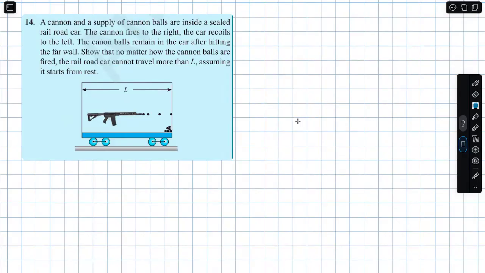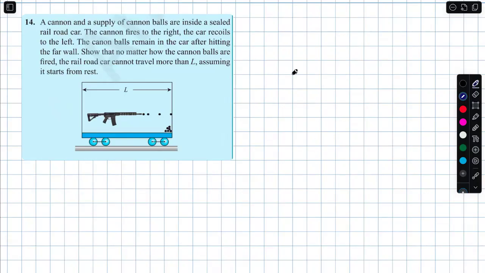The cannonballs remain in the car after hitting the far wall. Show that no matter how the cannonballs are fired, the railroad car cannot travel more than L, assuming it starts from rest.